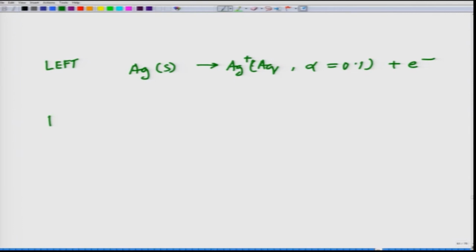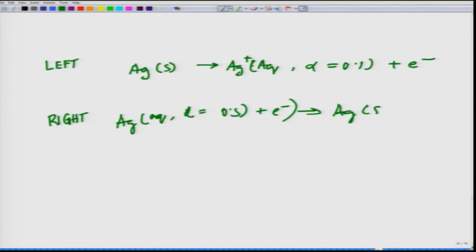Similarly, on the right it is Ag plus aqueous at 0.5 plus an electron giving Ag solid.